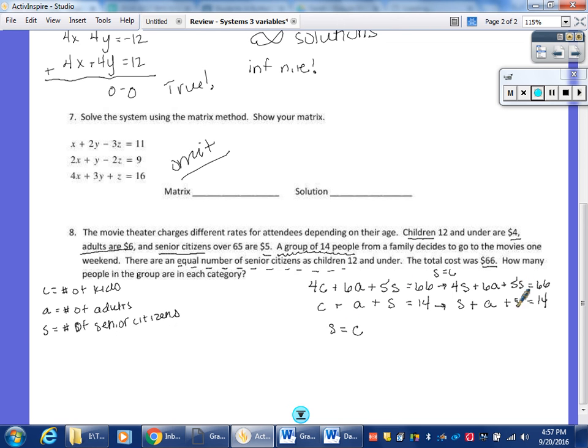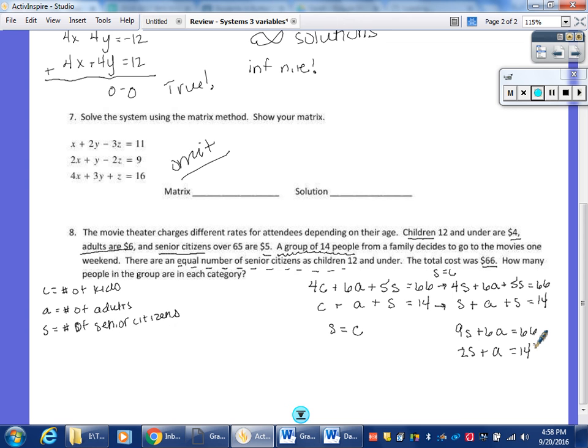Now what I have is two-variable equations. So 4S and 5S, that is 9S plus 6A is equal to 66. And then I've got 2S plus A is equal to 14. And now I have a two-variable system, and I can eliminate one of the variables.